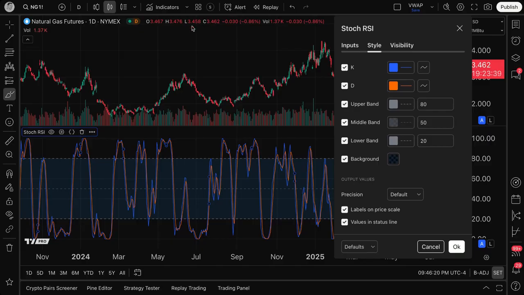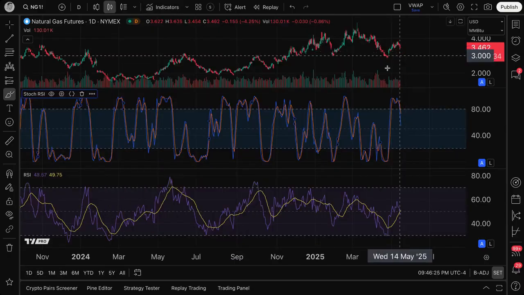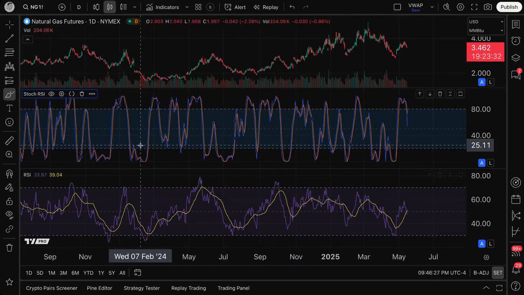So one great example of this is that if we go to RSI now and add it to the chart, what you'll see here is you have RSI and stochastic RSI. And you can use these indicators side by side, ideally using stochastic RSI as an indicator that is potentially confirming or invalidating RSI itself. So if you are a huge fan of RSI and you're looking for more data about RSI, you want to utilize RSI at a deeper level, you can use stochastic RSI to confirm or invalidate RSI itself.